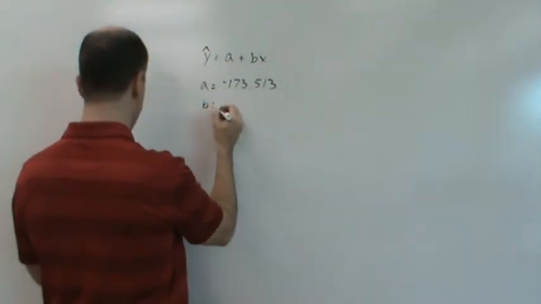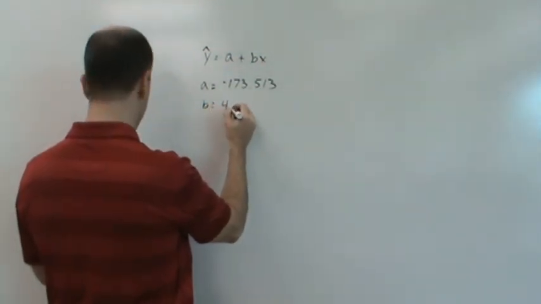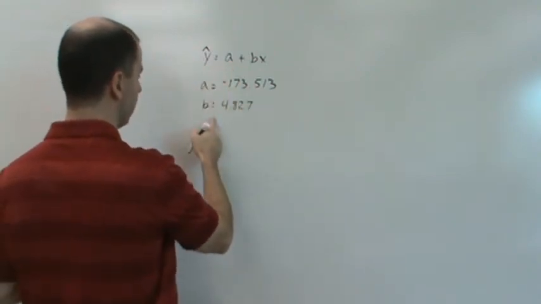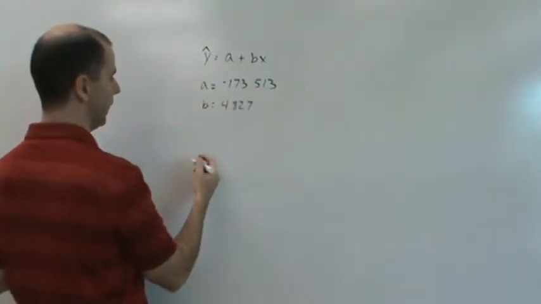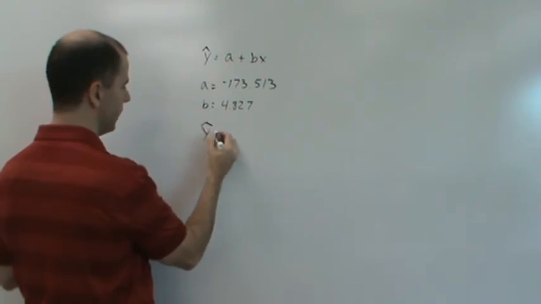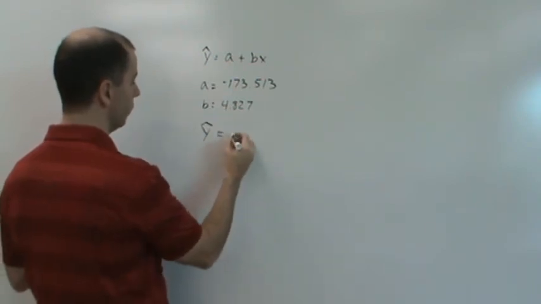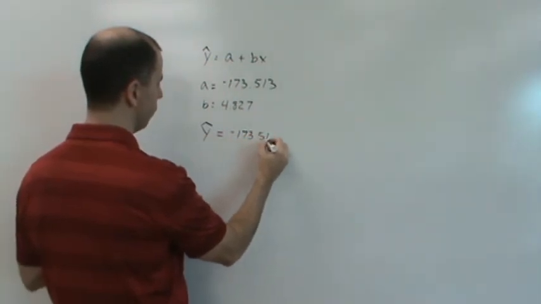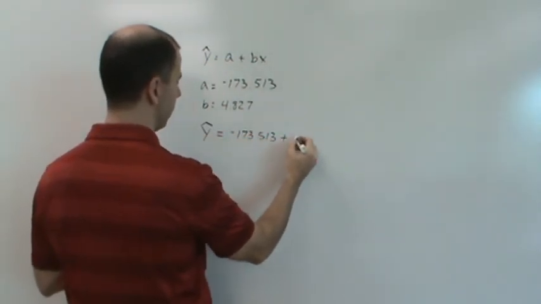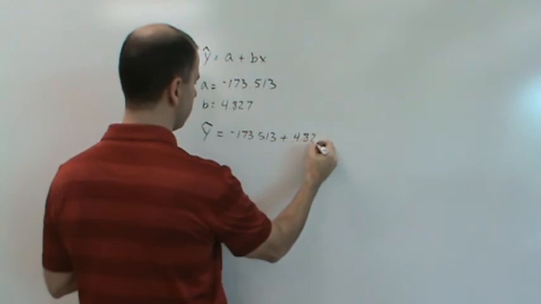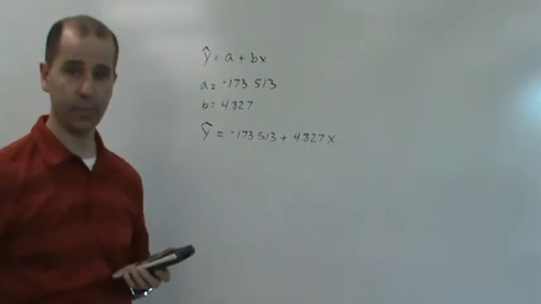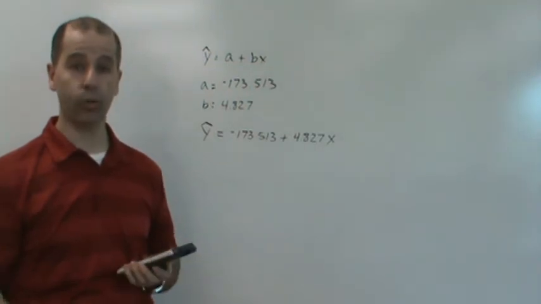B is 4.827. Now all I have to do is put in b and a, and I'm done. So my regression line is y hat equals negative 173.513 plus 4.827 times x, and I'm done. That's my prediction line. That's my regression line.